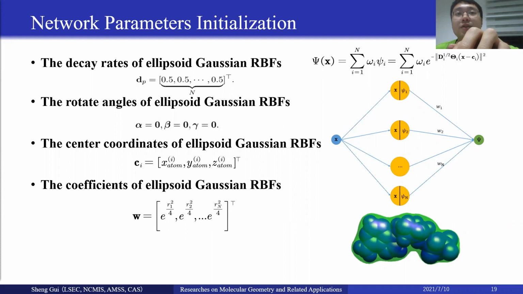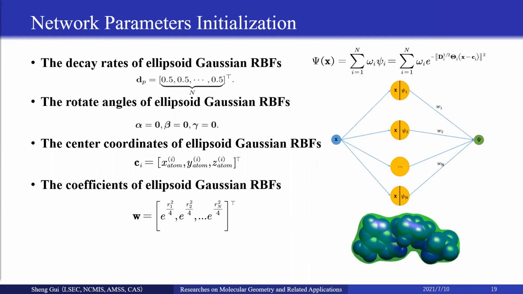The strategies of initialization are as follows. Number one, the lengths of the ellipsoid RBF, D, are set to be constant vectors. And the initial angles of the ellipsoid RBF, theta, are set to be zeros.